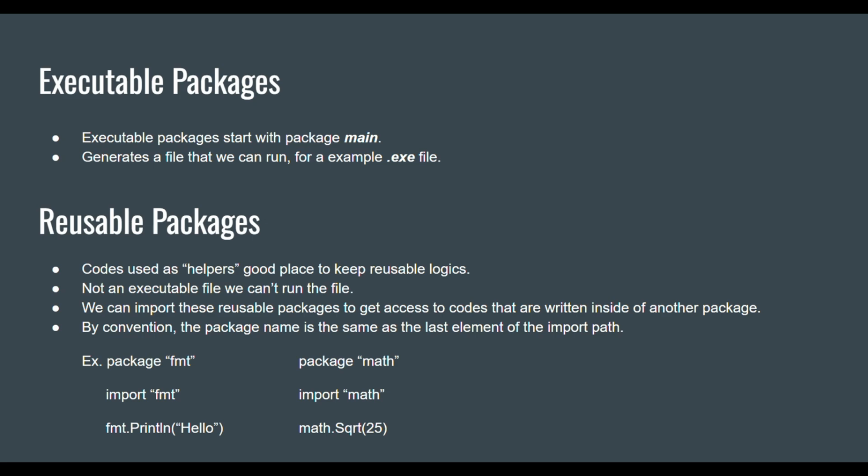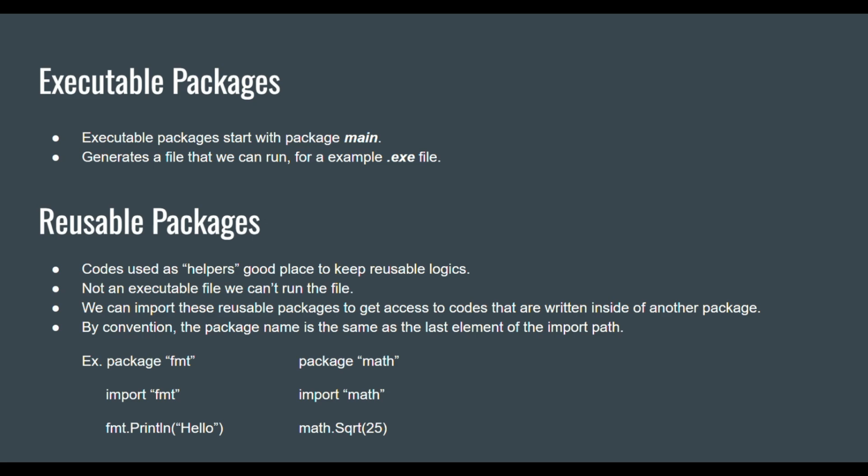Then we have reusable packages. Codes used as helpers, a good place to keep reusable logic. Not an executable file, we can't run this file. We can import these reusable packages to get access to code that is written inside another package.